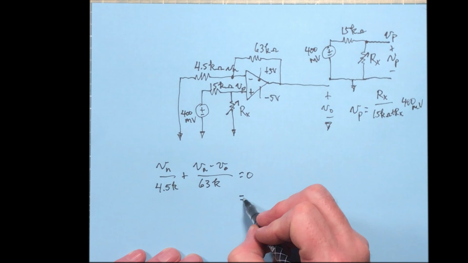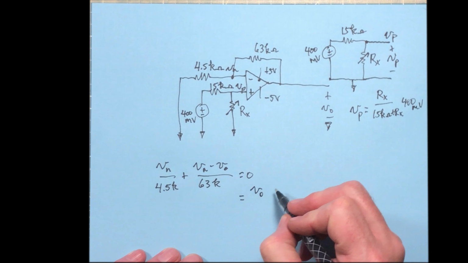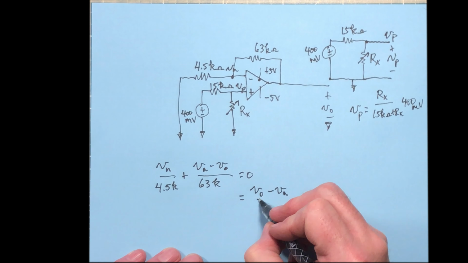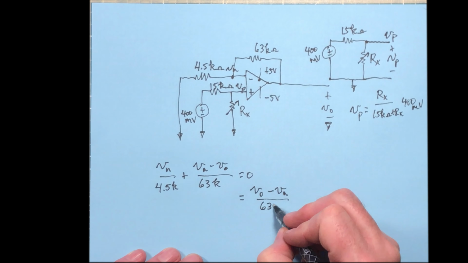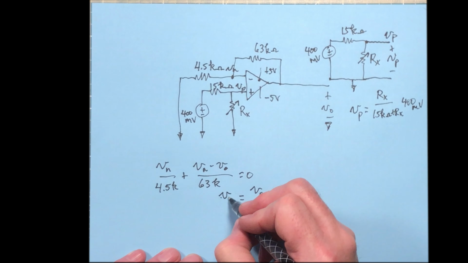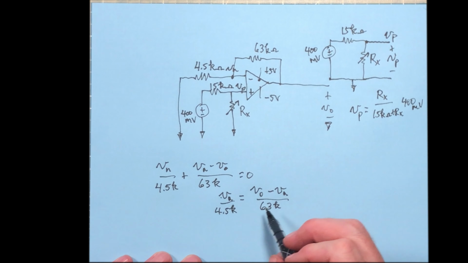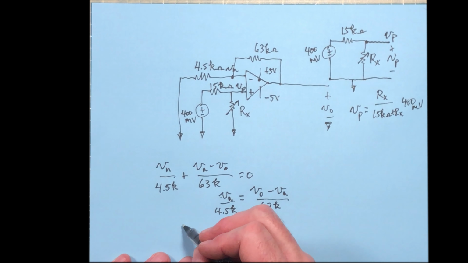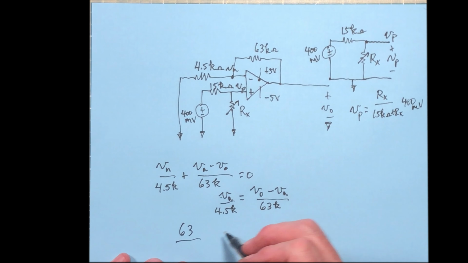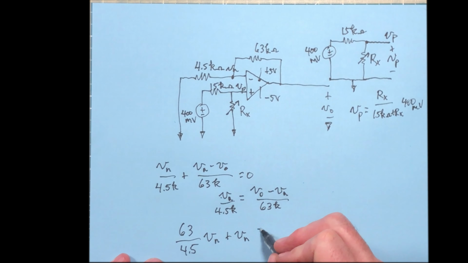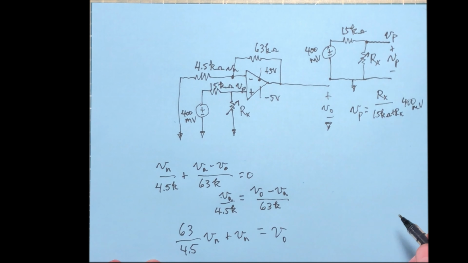And putting it on the other side, write it as V output minus V sub n over 63K is equal to V sub n over 4.5K, and we'll multiply through by the 63K, so 63 over 4.5, the K's will cancel, times V sub n plus V sub n is what V output is.